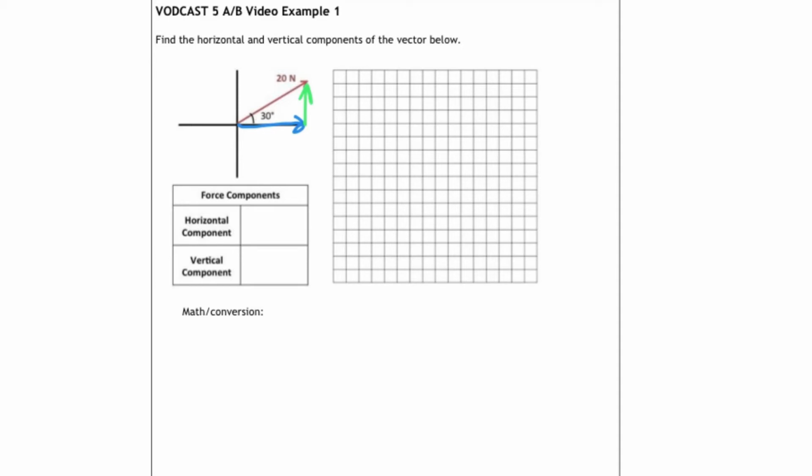Let's start with the horizontal component, shown here in blue. The horizontal component is adjacent to the angle, so remembering SOHCAHTOA, for the adjacent side, I'm going to want to use cosine. Cosine of 30 equals the adjacent side, which I'm trying to find, let's call that x, divided by the hypotenuse, which in this case was 20.